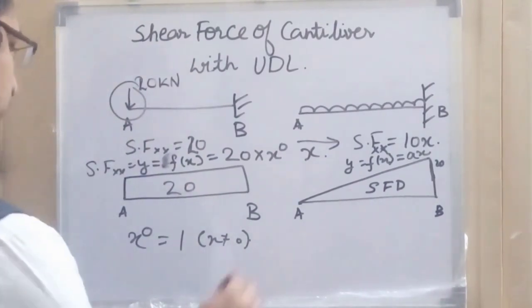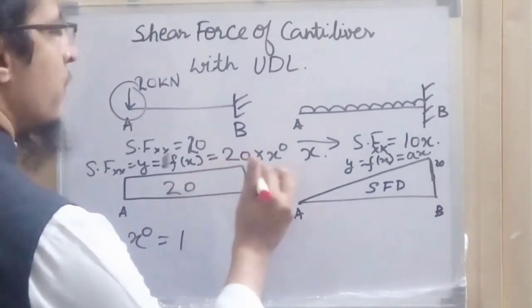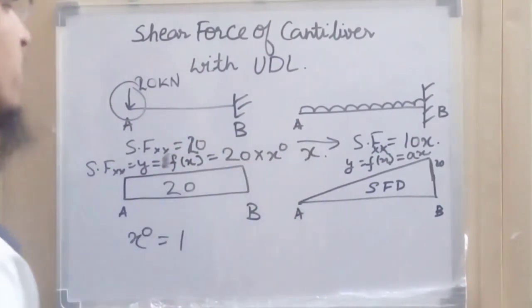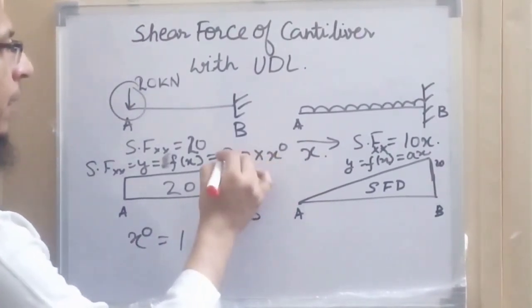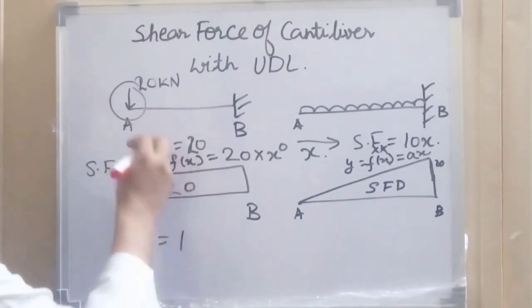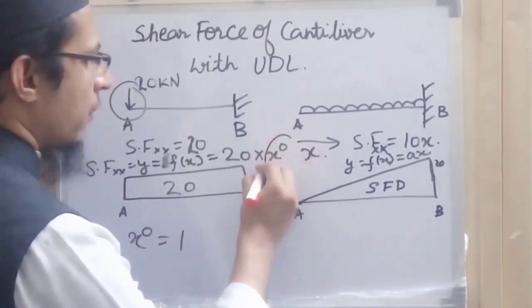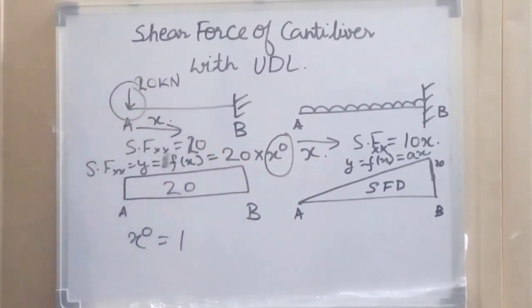So in this way we can write 20 is equal to 20 into x raised to power 0, which shows that the shear force in case of a point load is independent of x, that is, the distance from the free end.